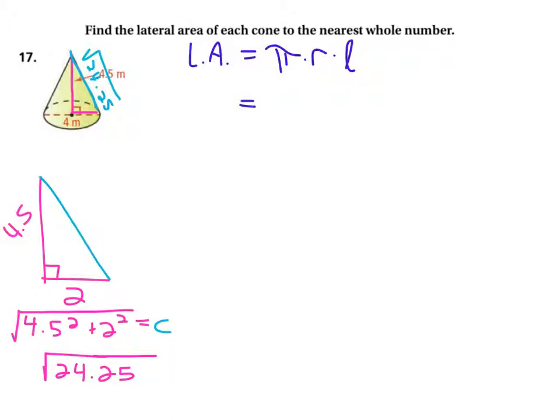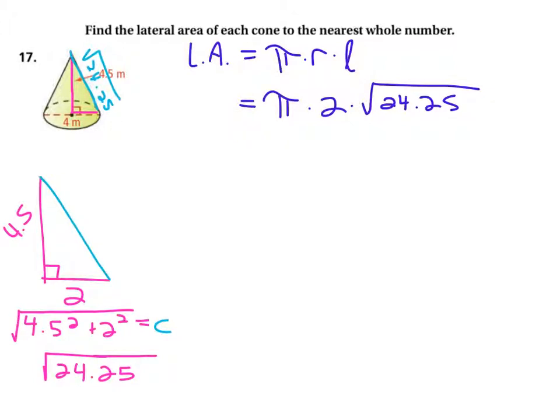When we now plug them in, we say pi times the radius, well, diameter is 4, so radius is 2, times the slant height, which is the square root of 24.25. Then typing all that into the calculator, pi times 2 times the square root of 24.25 is 30.94.